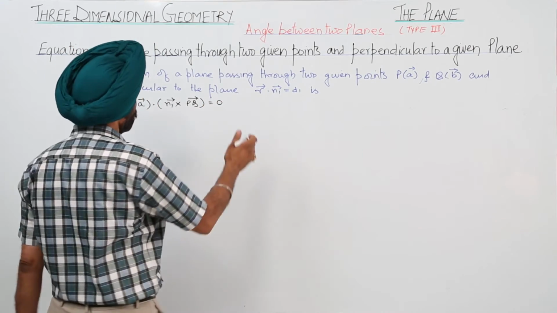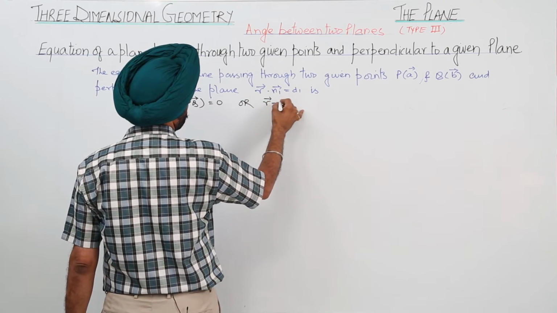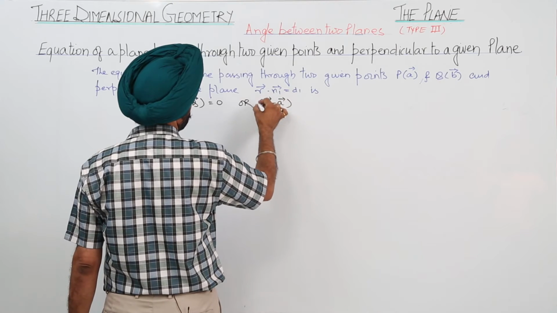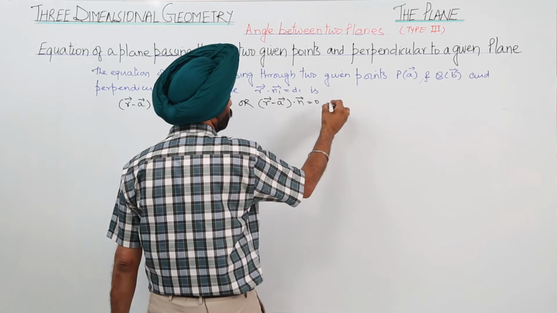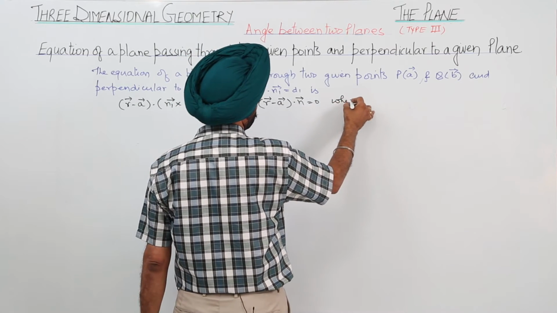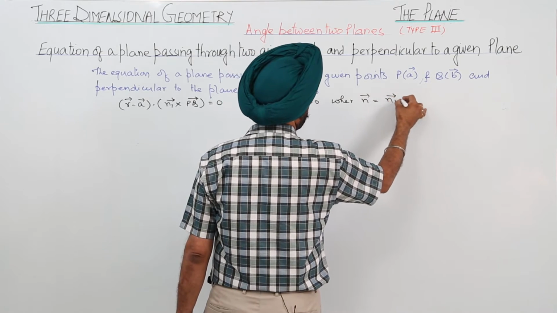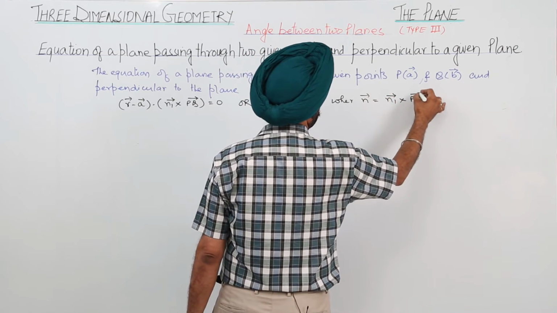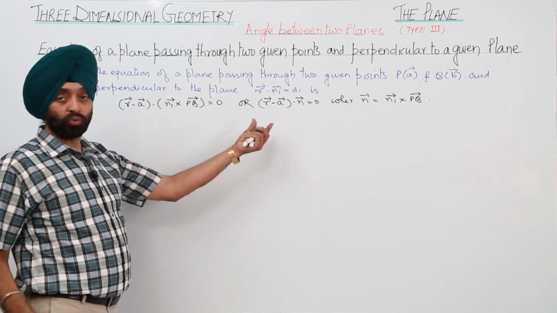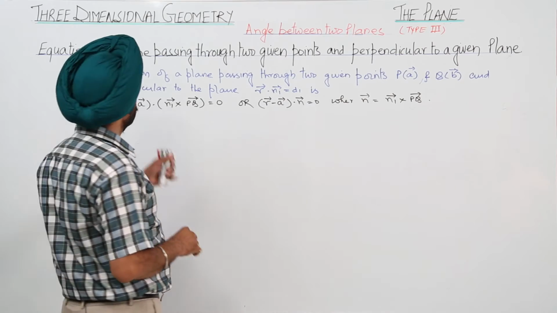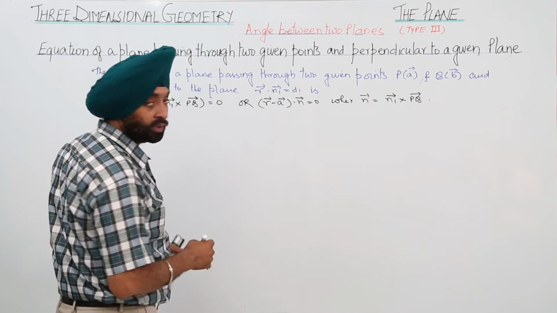Or we can write it as vector r minus vector a dot product vector n is equal to 0, where vector n is equal to n1 cross vector pq. So this is the equation for the plane passing through two given points and perpendicular to a given plane.